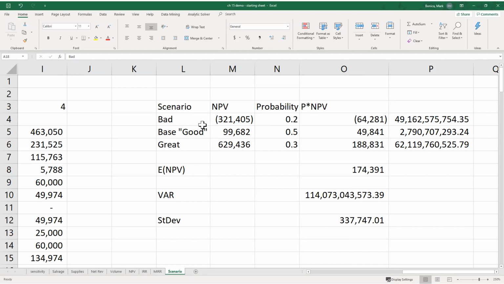So maybe 3 scenarios is not the right choice to make. Maybe 5 would be a better one to give you more granularity. But again, it's still art, because what goes into the scenarios is still your judgment.